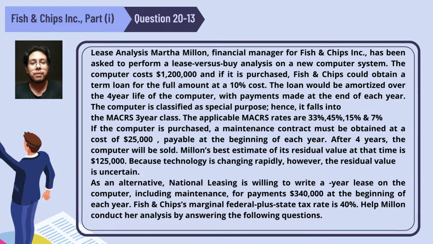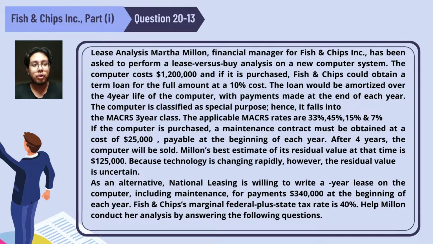So we start with the first part of the Fish and Chips Incorporated questions. Lease analysis. Martha Millen, financial manager for Fish and Chips Incorporated, has been asked to perform a lease versus buy analysis on a new computer system. The computer costs $1.2 million, and if it is purchased, Fish and Chips would obtain a term loan of the full amount at a 10% cost.